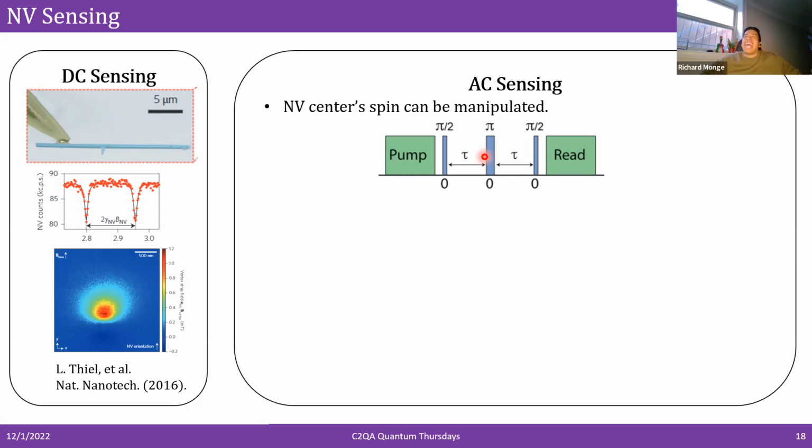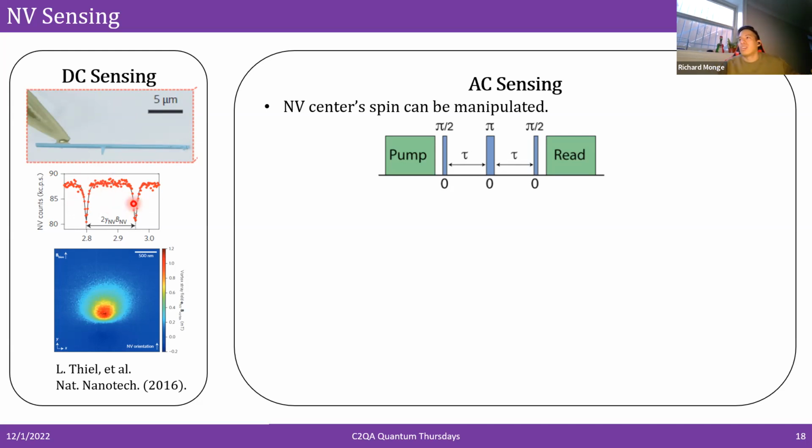Particularly, the timing structure of these pulse protocols can be adapted to expose dynamical processes that are not apparent via DC sensing. All that I mentioned before was DC sensing, where if you want to map out the magnetic field, it's a static magnetic field. The magnetic field is not changing with time. But with AC sensing, you can expose things that are not apparent through this standard form of sensing.